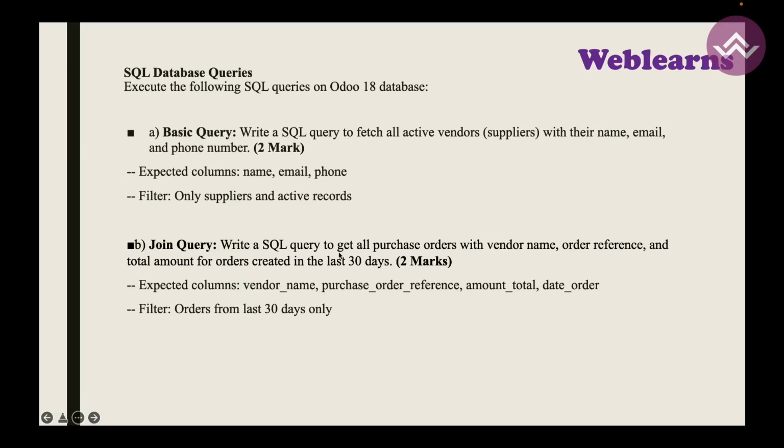The second query is: write an SQL query to get all purchase orders with vendor name, order reference, and total amount for orders created in the last 30 days. Expected values are vendor underscore name, purchase underscore order underscore reference, amount underscore total, date underscore order. Last 30 days. So let's jump to the terminal.